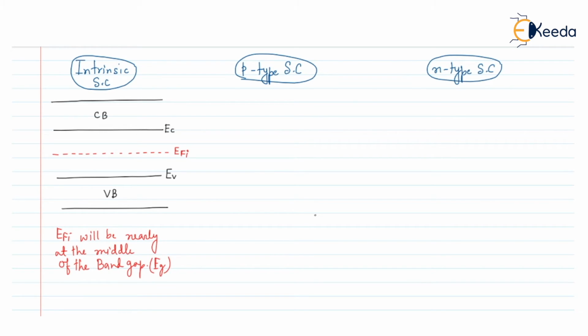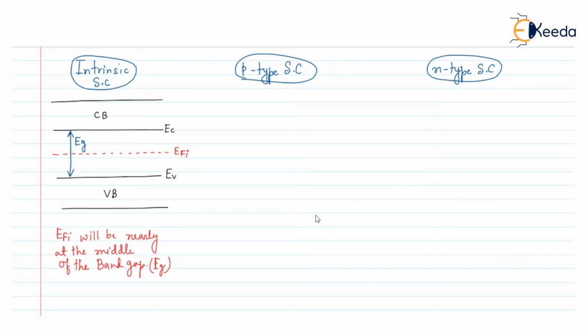The band gap is this one, this is the band gap Eg, and the EFI will be nearly at the middle of the band gap, not exactly at the middle but nearly at the middle of the band gap.